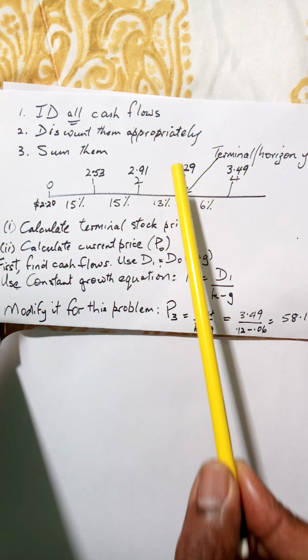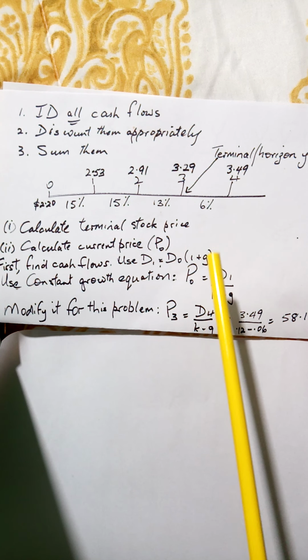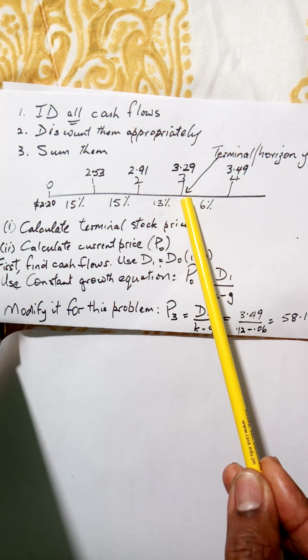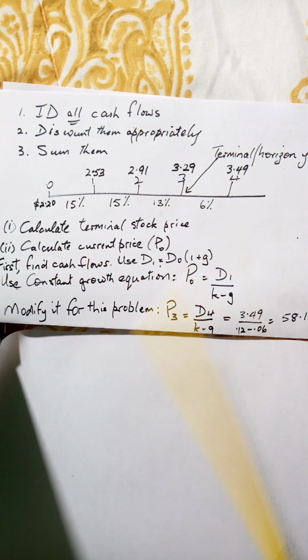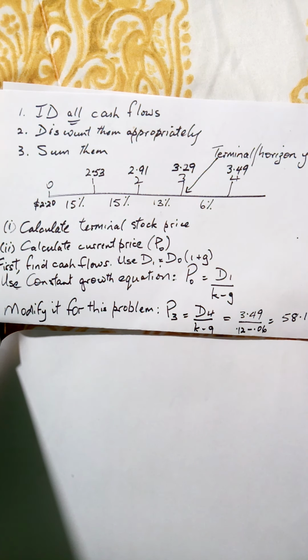After year 3, the question says growth slows to a constant 6%. That is our cue. Constant growth starts here and goes on for an indefinite period. Nobody knows when it ends. So when we are valuing some assets like stock, it doesn't have an endpoint that we can determine.